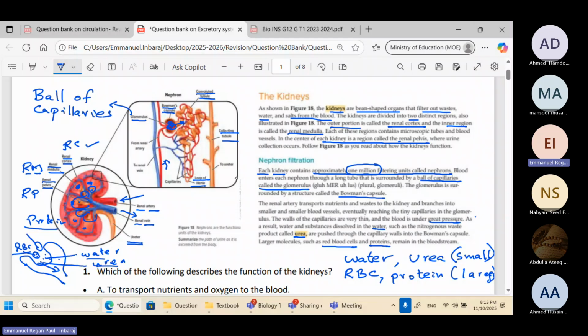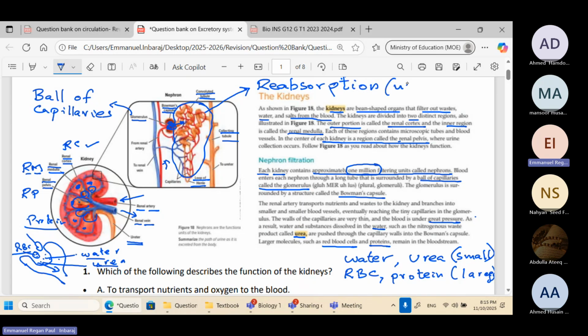Now, what is happening in this coiled tube? In this coiled tube a very important process takes place, which is called reabsorption. What is reabsorption?